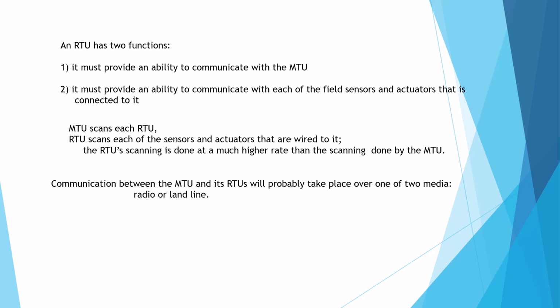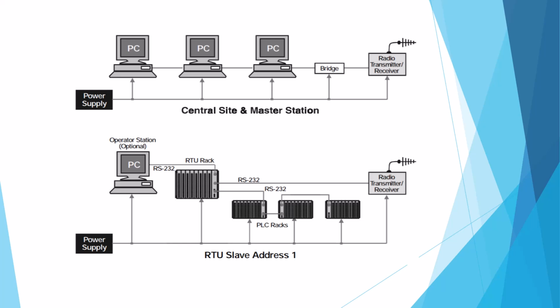For communication between the MTU and RTU, they have two media, the radio and the landline. This one is the MTU, this is the RTU. Here is the operator station. This uses the SCADA software to create the HMI. The operator can use this HMI to control everything.